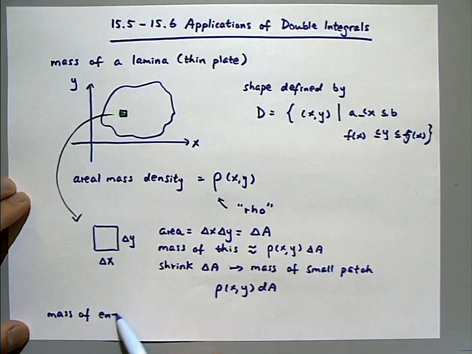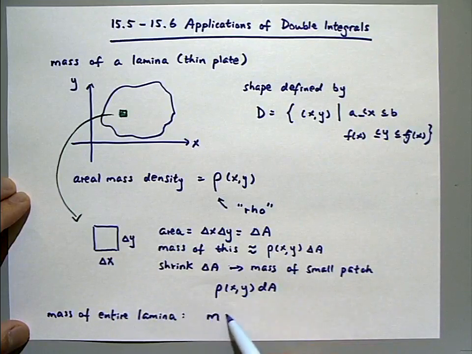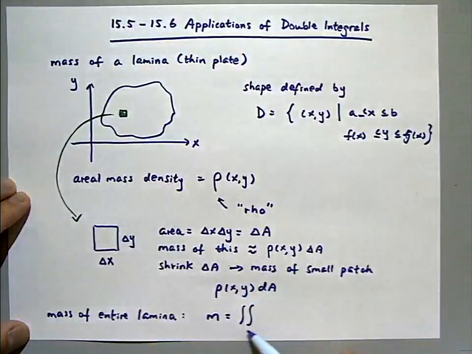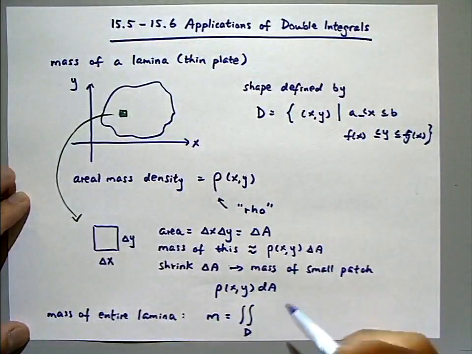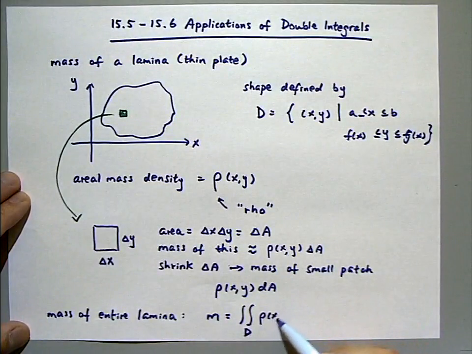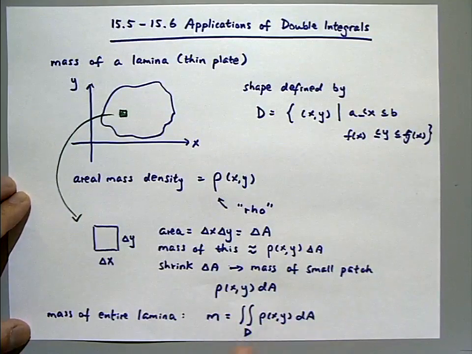The mass of the entire lamina, therefore, is going to be m equal to a double integral over that region. We know how to do that, of the areal density times dA. Okay, physically what this is doing is we found the mass of one little patch.